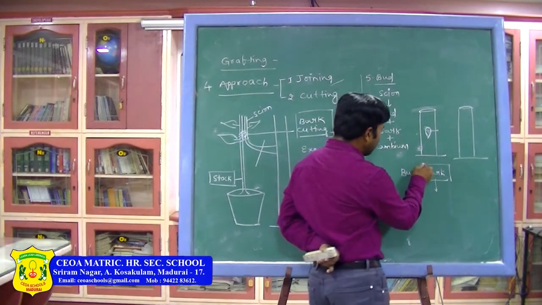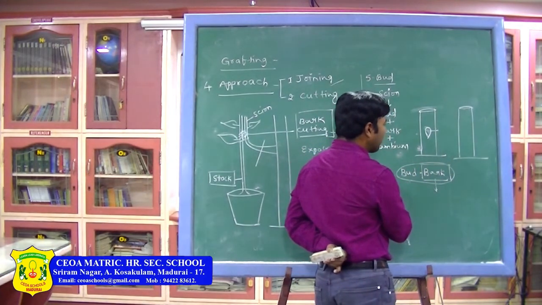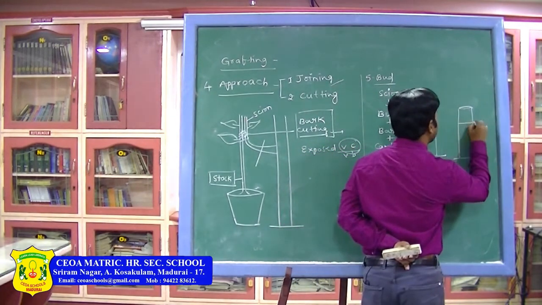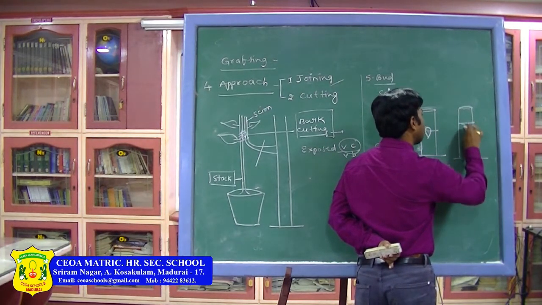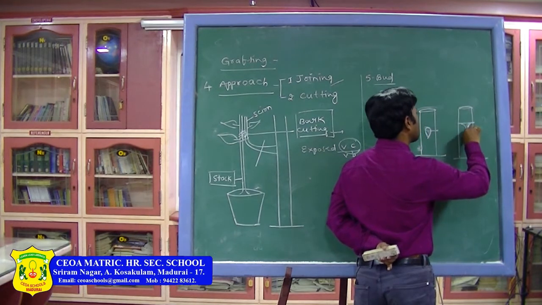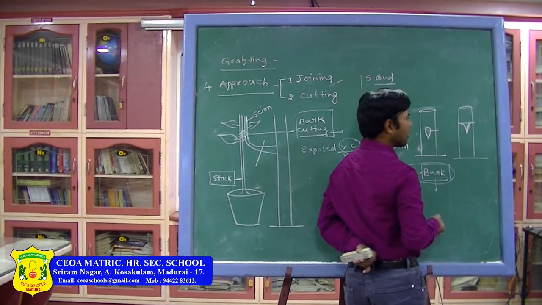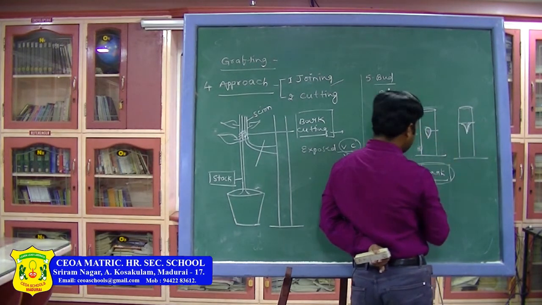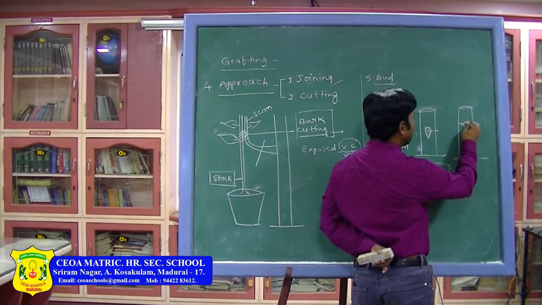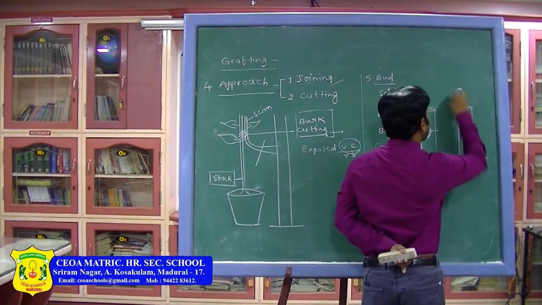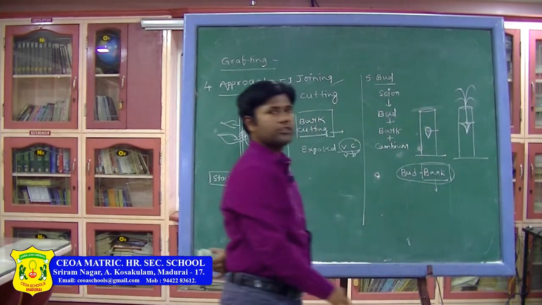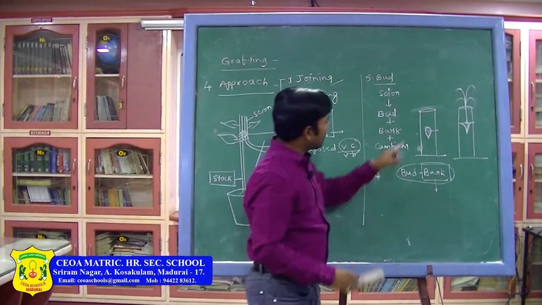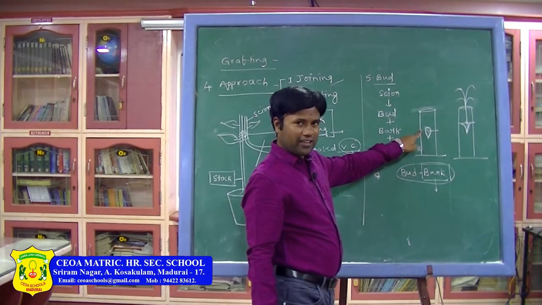So this bud along with the bark, in the shape of a T, you are inserting. Where are you inserting? On the stalk. The bud will be on the outer side, and then it will grow as a new plant. So we are just cutting the bud along with the bark.